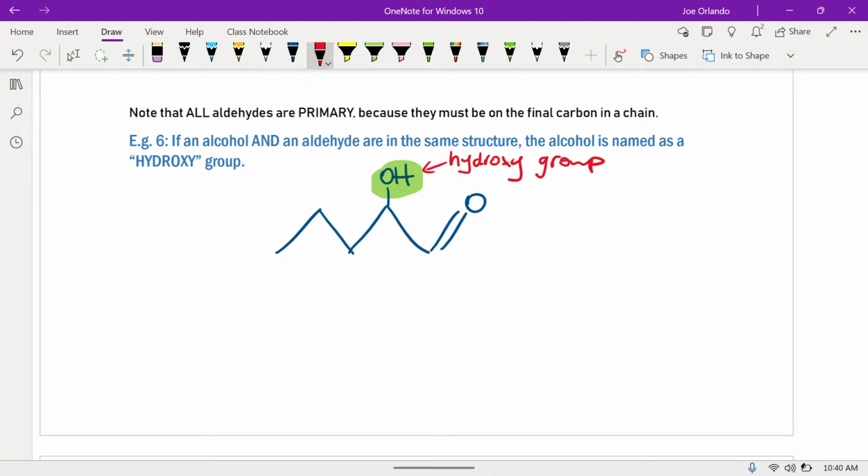In this case, what carbon's the hydroxy on? 2. So we would call this 2-hydroxy. And then keep going for me. Pentan what? Pentanal. That's right. Pentanal. There you go.